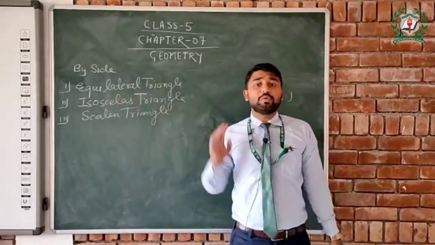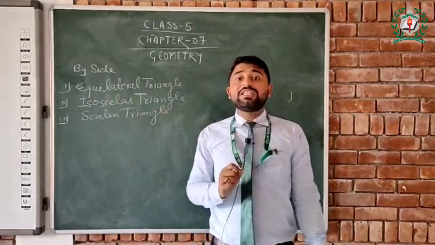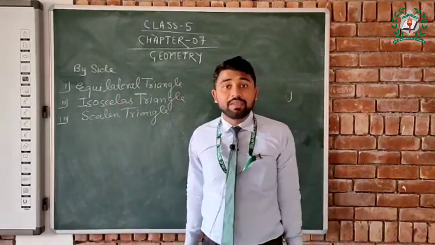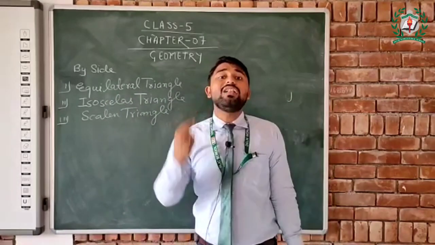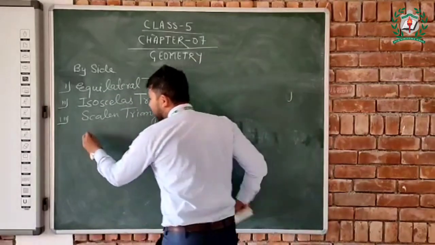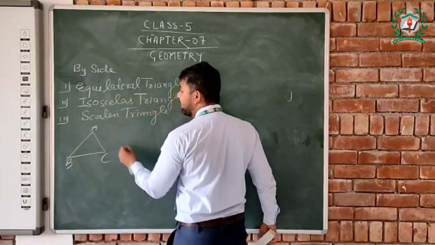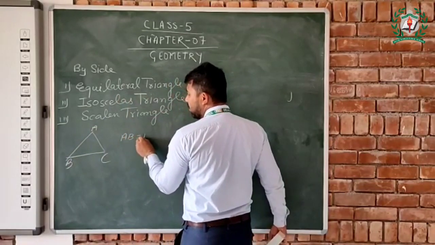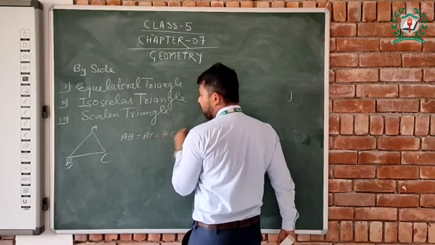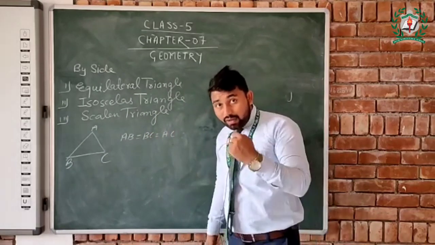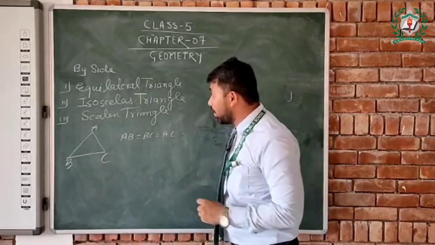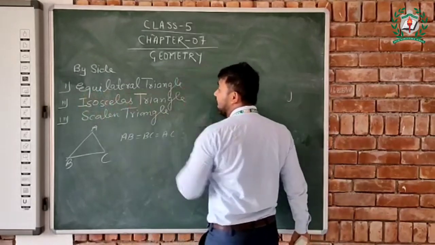First, the definition of an equilateral triangle: a triangle which has all sides equal. For example, in triangle ABC, if it is equilateral, then AB is equal to BC is equal to AC.